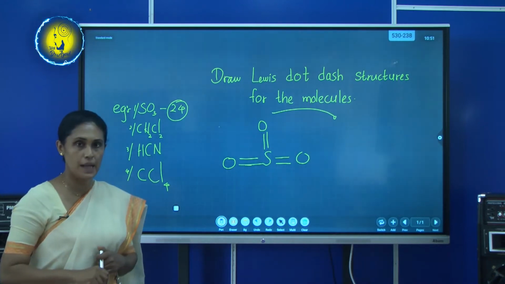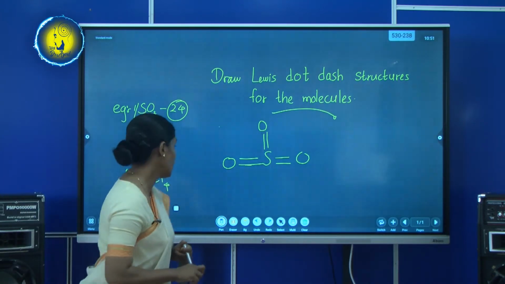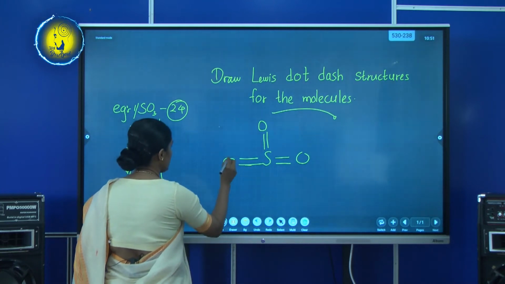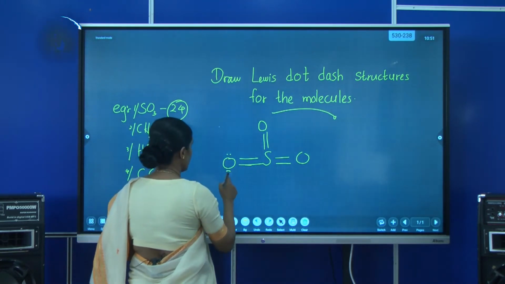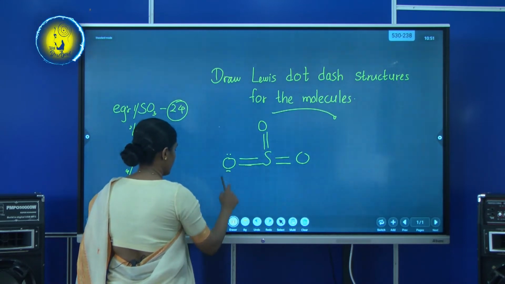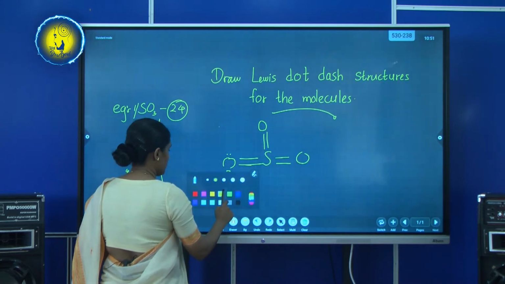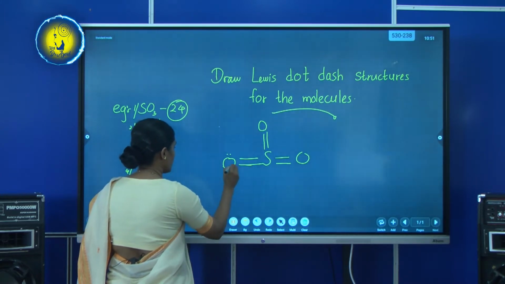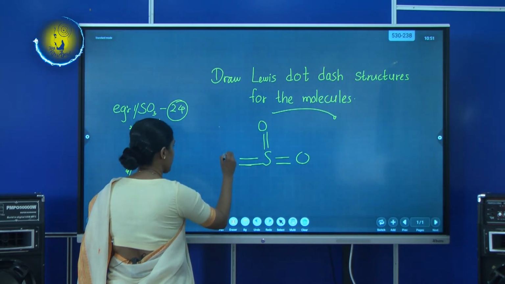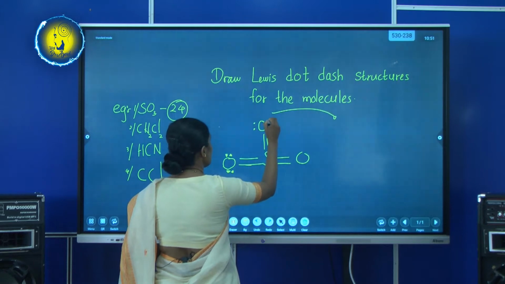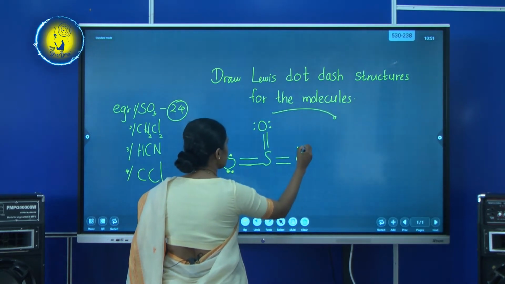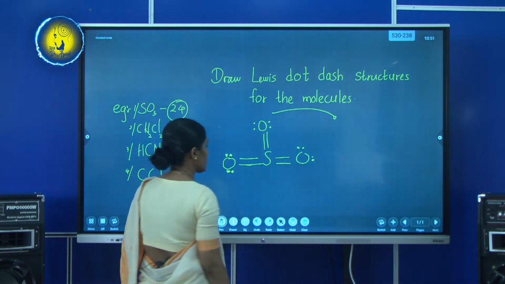Which one has lone pairs? Oxygen has lone pairs. Okay, let me draw. Oxygen has lone pairs. Let me draw a bit bigger, because here also you can see the lone pairs of oxygen due to the electron configuration.